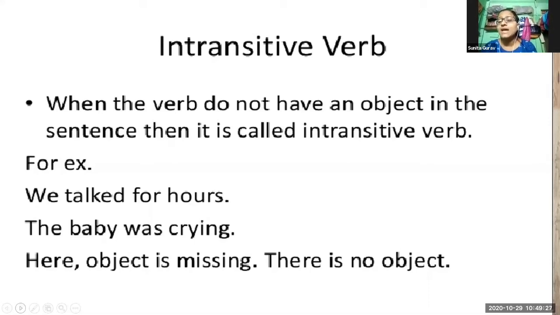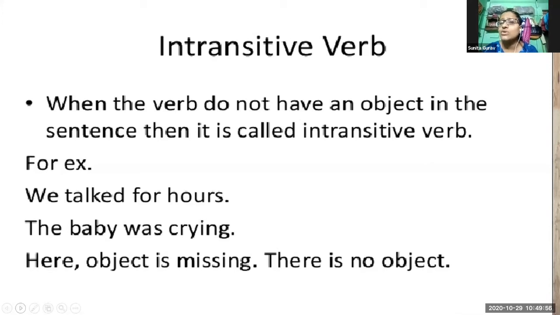At that time, that sentence is actually an incomplete sentence. Such incomplete sentences do not hold the object, or that on which the action is being done. On what the action is being done, that thing is not present in the sentence. In such sentences, there is an intransitive verb that is acting.